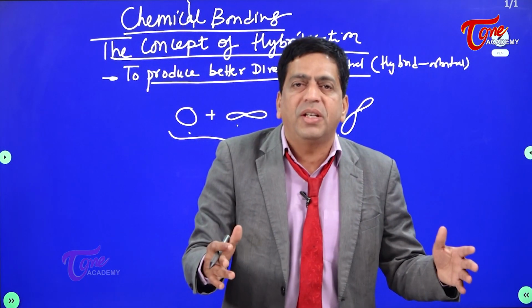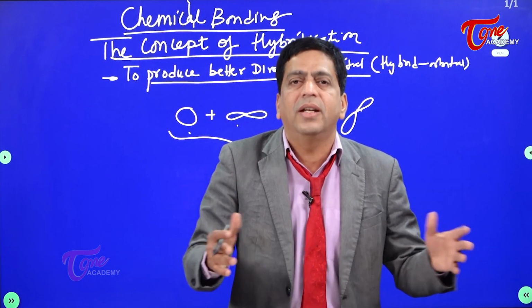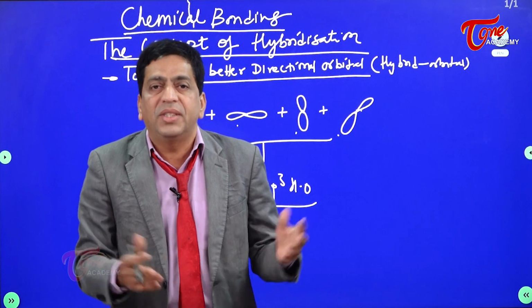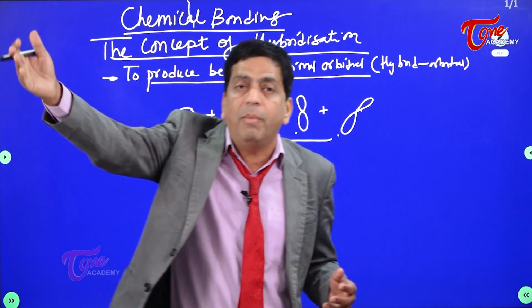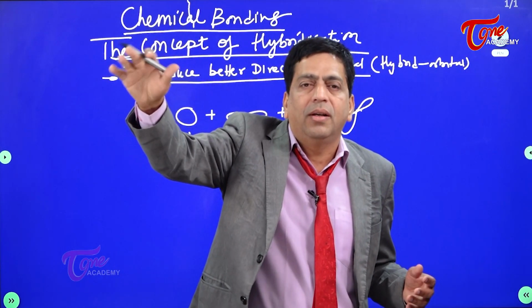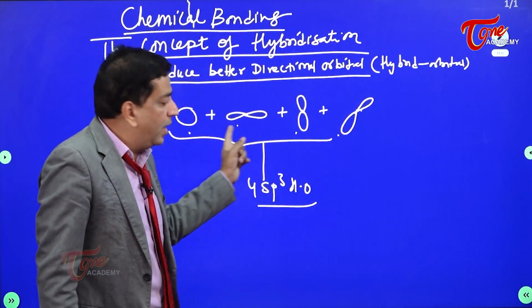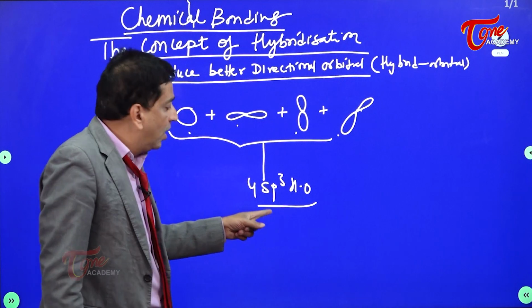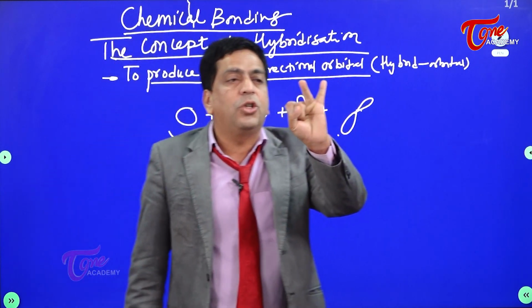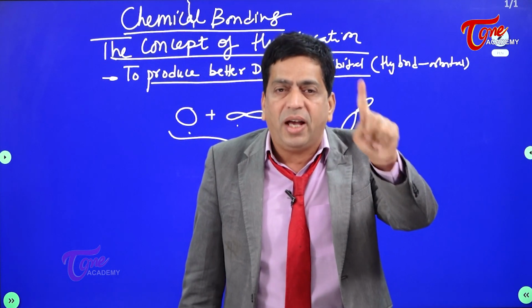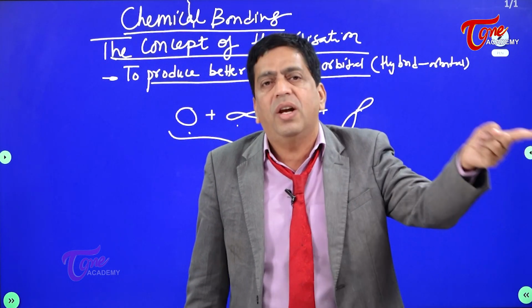So you said intermixing of atomic orbitals? Yes, it is intermixing of atomic orbitals within the atom before bonding, before I call my partner. It's all hypothetical, right? So 1s and 3p's, the intermix giving you 4 sp3s: 1 sp3, 2 sp3, 3 sp3, 4 sp3s. And each sp3 will be having characteristics of s as well as p.